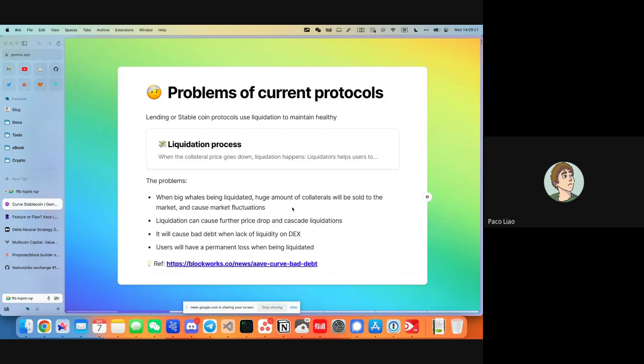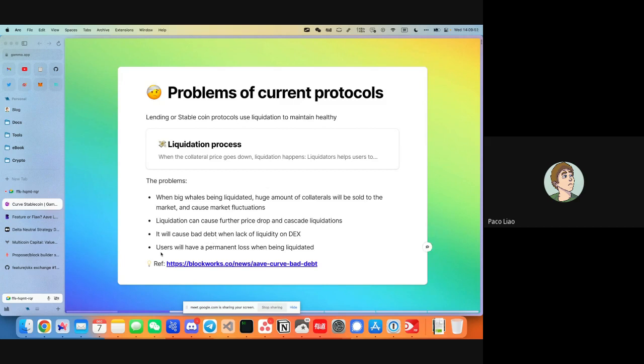The price continues to drop, and other users get liquidated. Liquidators sell to DEXs or CEXs, so you rely on the liquidity of the DEX. If there's not enough liquidity on DEXs, it causes bad debt on the protocol.